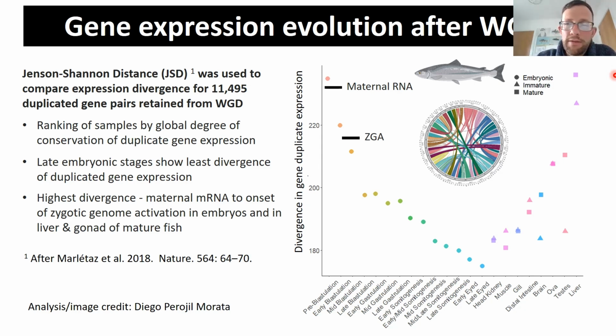This data is again for Atlantic salmon, but the results look really similar for rainbow trout.